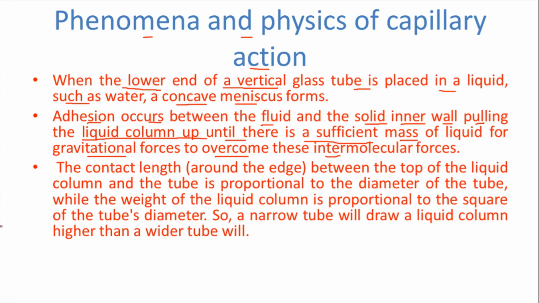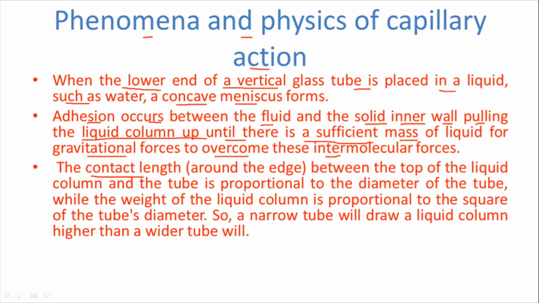Some of the molecules adhere to the solid inner wall of the tube, followed by the liquid medium in the column going upward, until there is sufficient mass of liquid to act against the gravitational force. This adhesion and cohesion are called intermolecular forces.